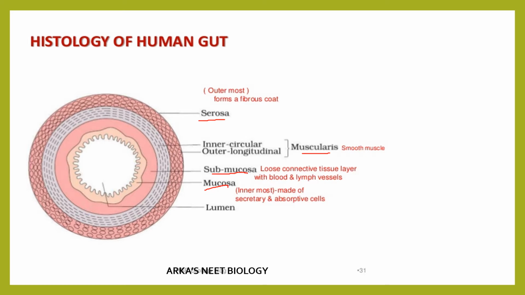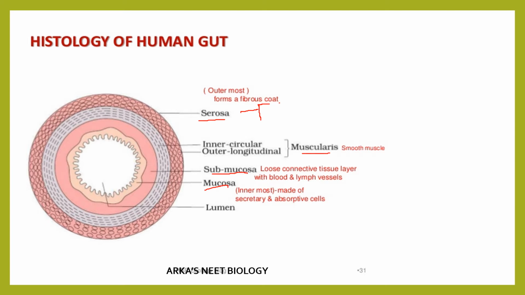Now coming to the first layer, that is serosa, it is the outermost and it forms the fibrous coat onto the alimentary canal. This serosa is made up of thin, simple squamous epithelium as well as areolar connective tissue.